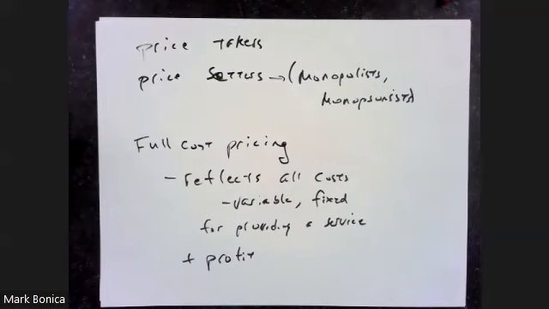So if we have the ability to set a price, we want to make sure that we're covering not only our variable costs, right? So our marginal costs. If I'm going to do one more thing, what does it cost me to do that one more thing? That's the marginal cost, right? I want to be able to cover my marginal costs, which are usually my variable costs, because my fixed costs aren't changing.